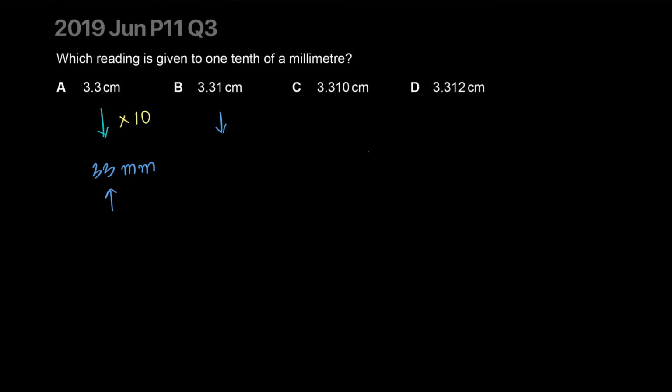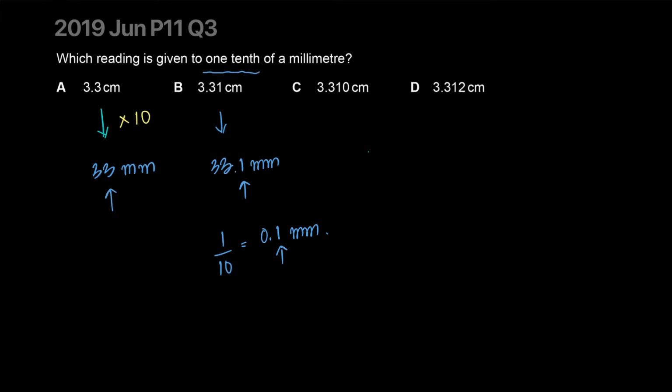Over here, same thing is going to be 33.1 millimeter. That's definitely 1/10 of a millimeter, because 1/10 basically means up to an accuracy of 0.1 millimeter.